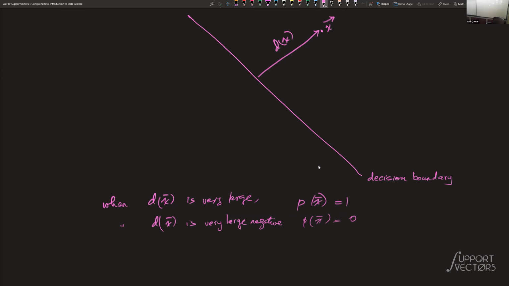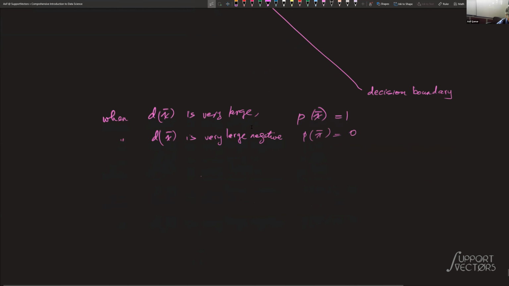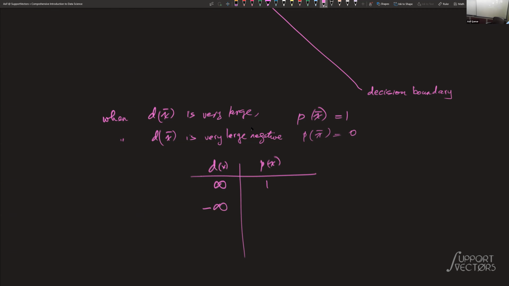Let me make a column here, d of x, and this is p of x, and tell me if this agrees with your intuition. When d is infinity, what is p of x? 1. When d is minus infinity, what is p? 0.